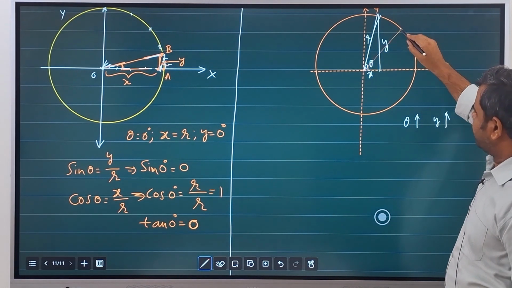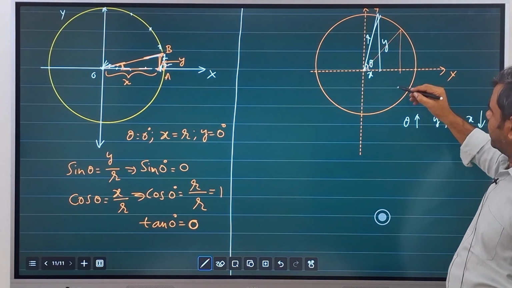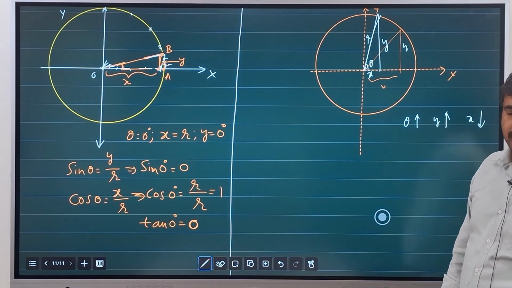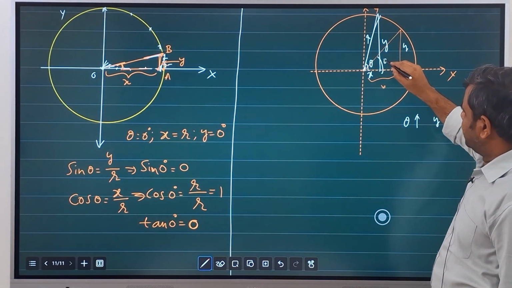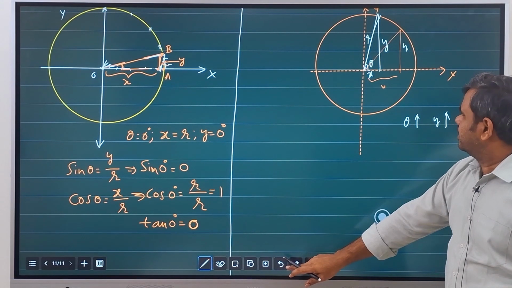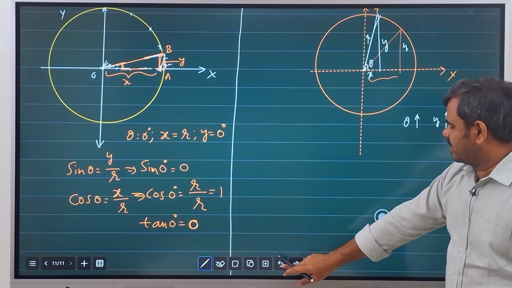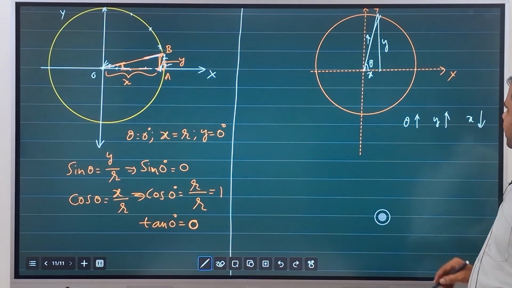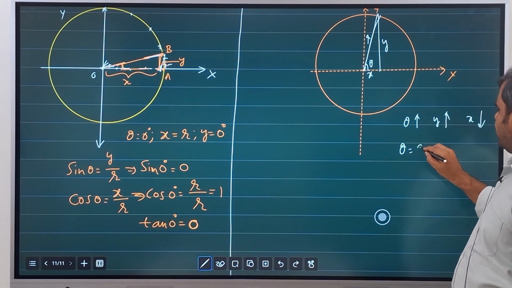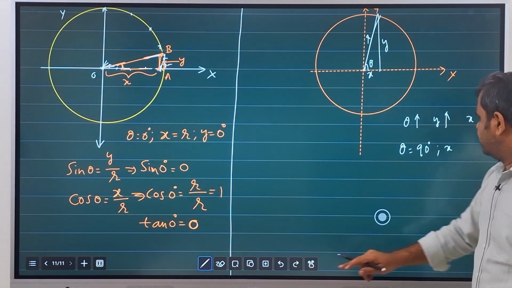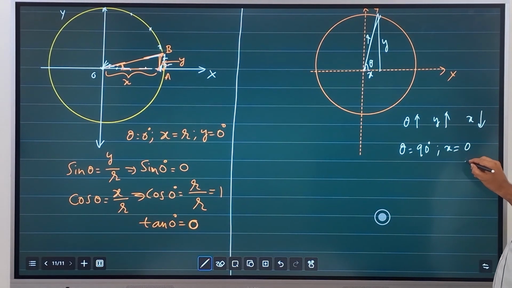Okay, take one more right angled triangle. Look at y here and x here. Right? So here theta is changing. When theta increases, y increases and x decreases. So when theta becomes 90 degrees, x becomes 0 and y becomes equal to r.